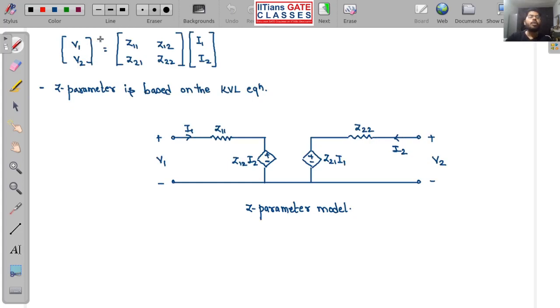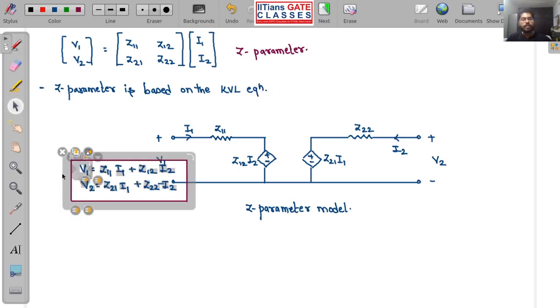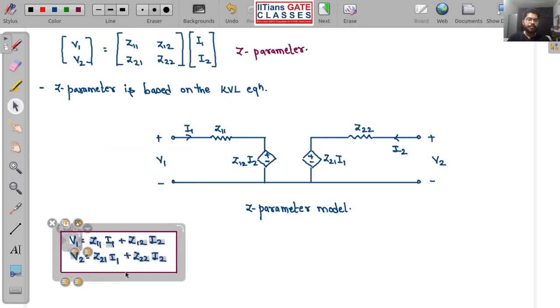Now if I want to write it in matrix form, this is the basic matrix form of the Z parameter. I have already told you the Z parameter is based on KVL equations. Now check here: if I want to write the model using this Z parameter, how will I write it?